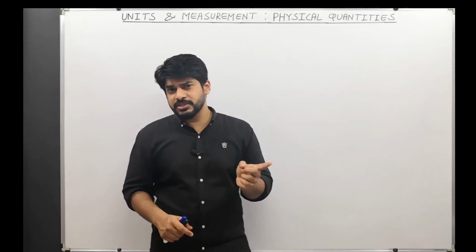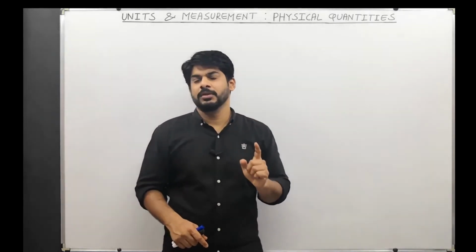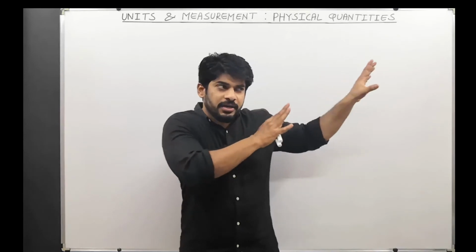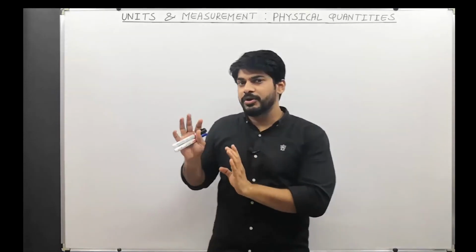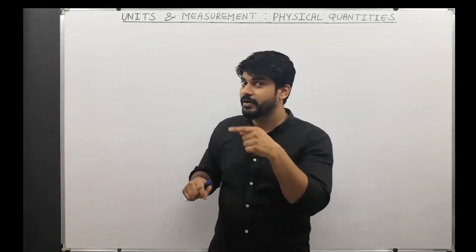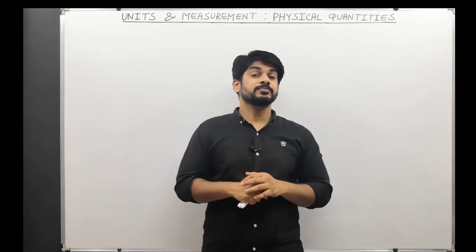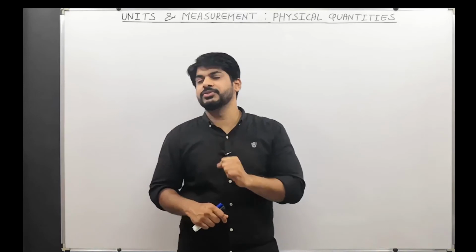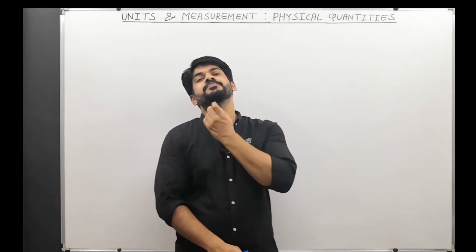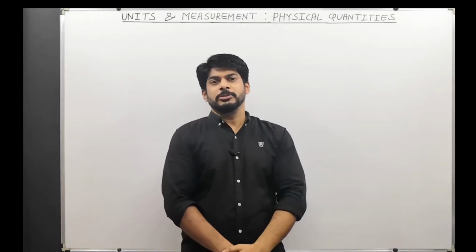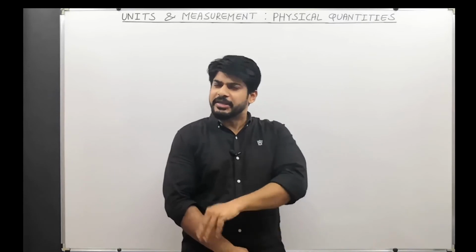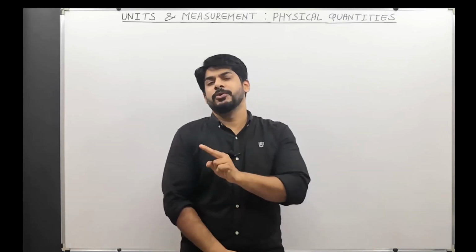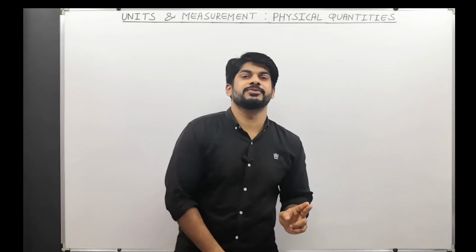Now from this discussion, one thing is also clear. For describing an object we required different quantities, and for describing an event we required different quantities. So we can say that objects and events require different quantities to describe themselves.